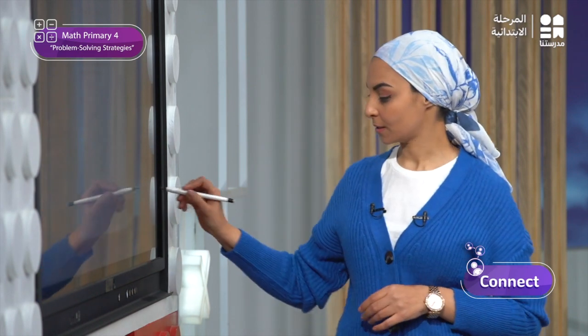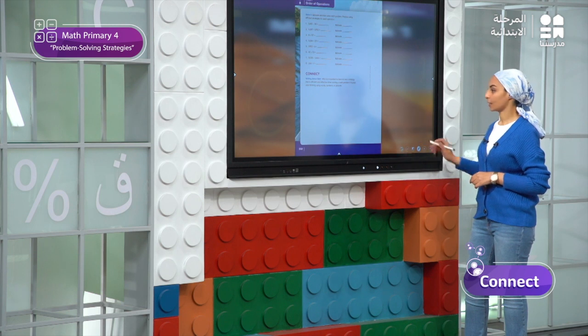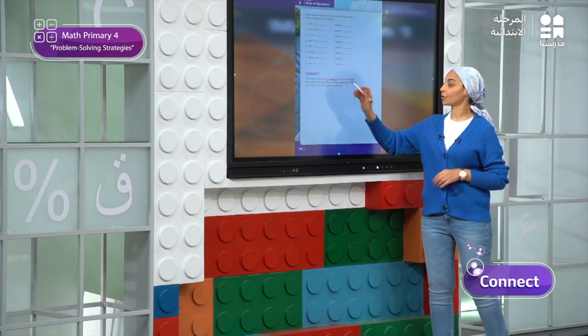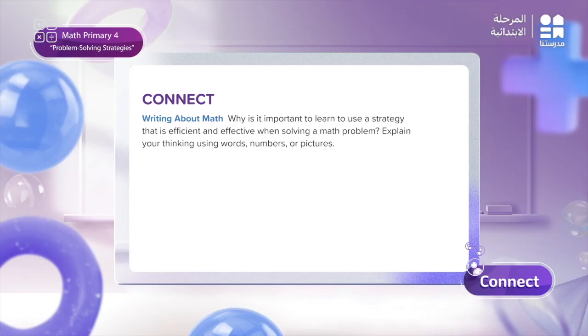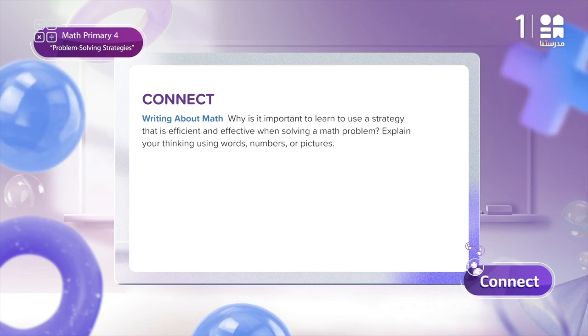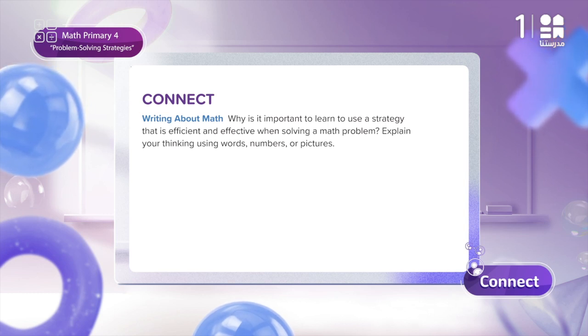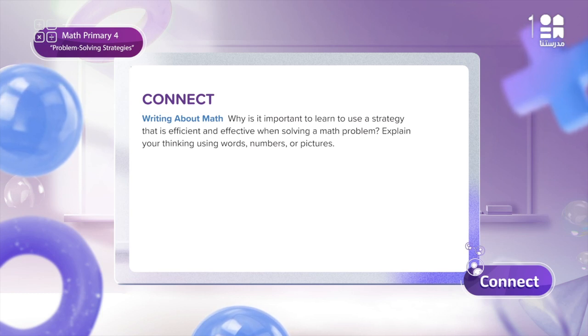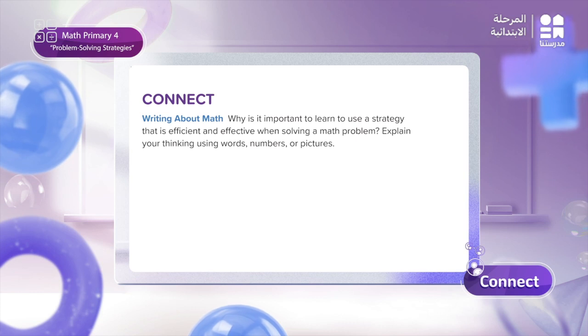The question is: why is it very important to learn to use a strategy that is efficient and effective when solving a math problem? Here, we want to explain our thinking using words, numbers, or pictures. I want you to think of the answers and share them with your friends and your teacher in your class.